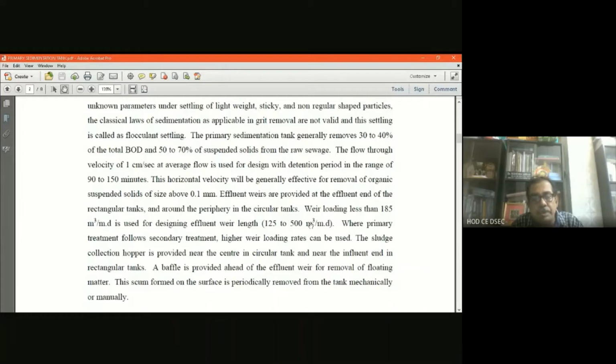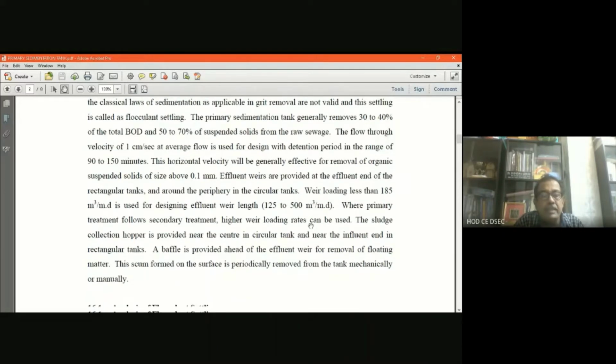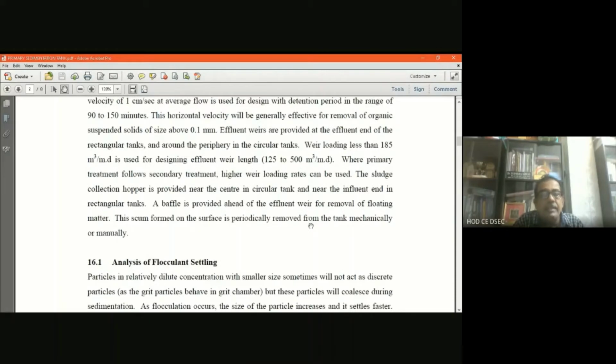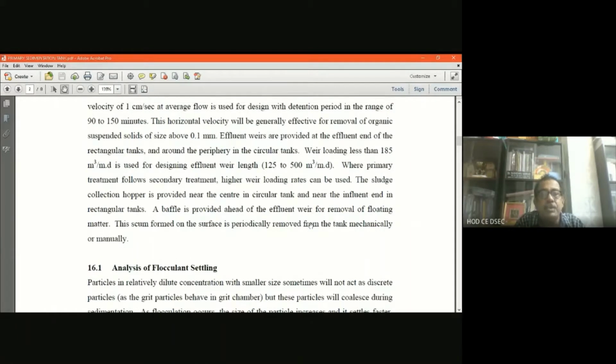I will show you that in the photographs. And a baffle is provided ahead of the effluent weir for removal of floating matter, if any. The scum which forms at the surface is periodically removed, mechanically or manually. So this is more or less the system of the tanks I have described to you.